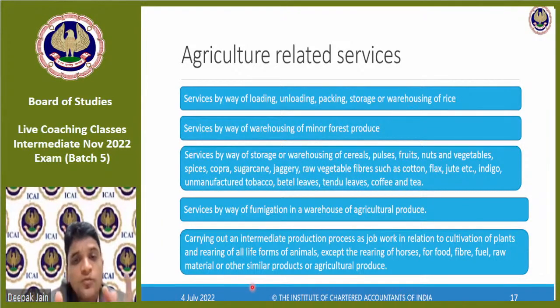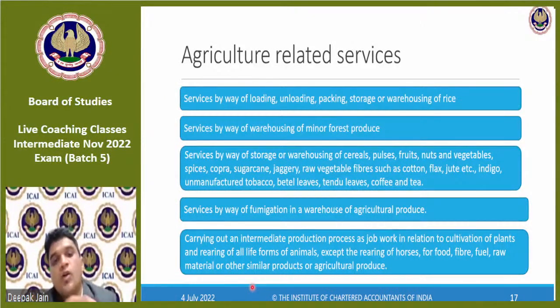Now this job work could be for food, fiber, fuel, raw materials or other similar products or agriculture produce. इनके लिए जो भी एक्टिविटी किए जाते हैं, that will all be exempted.